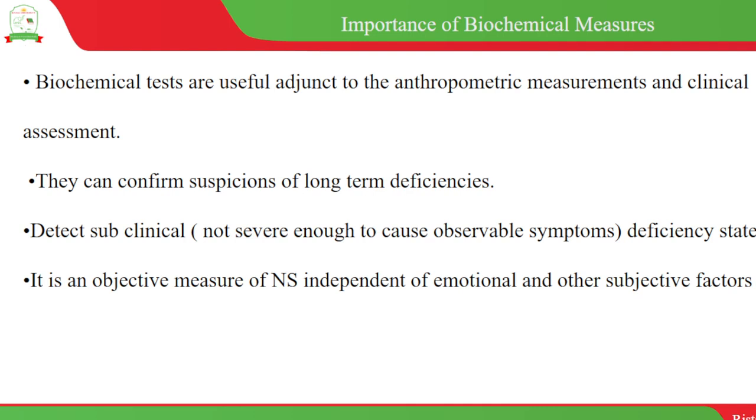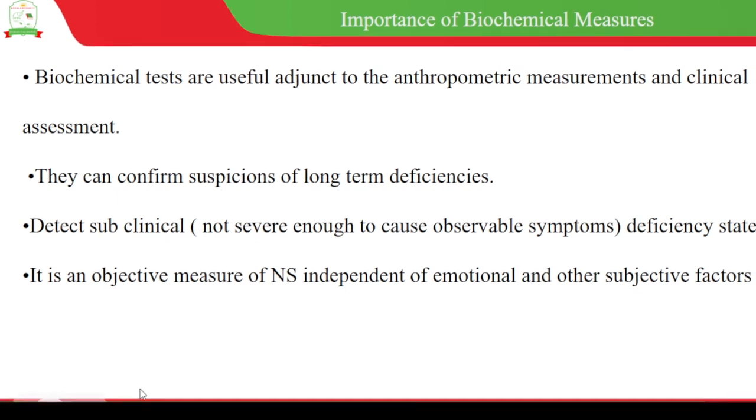That's one of the importance of these biochemical measures. And the second is that biochemical assessment will confirm suspicions of long-term deficiencies. You suspect someone to be deficient of a certain nutrient, you're definitely going to do the biochemical test.